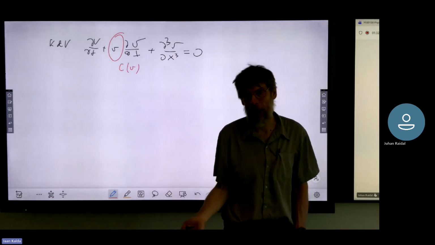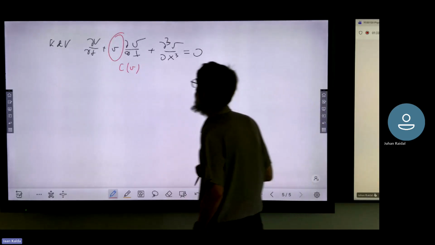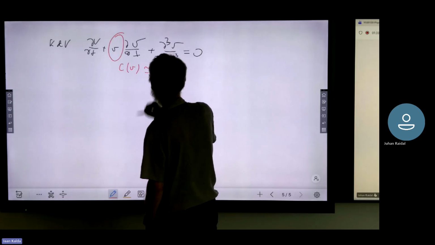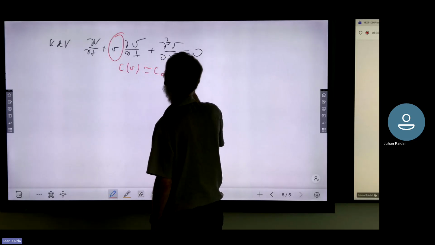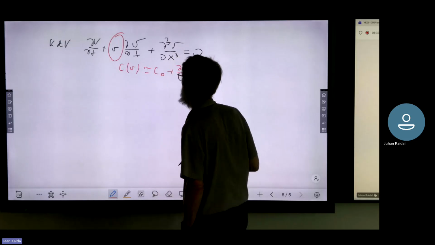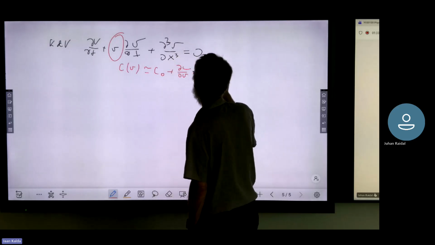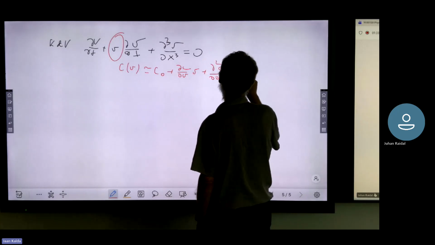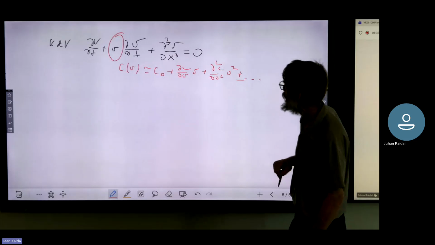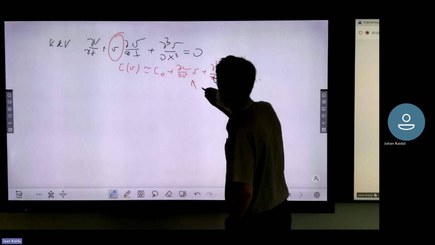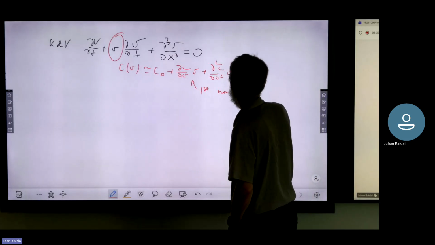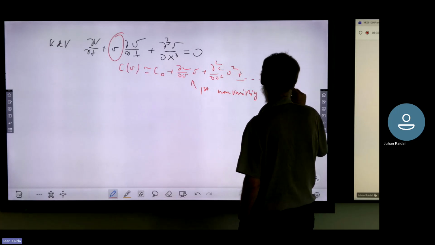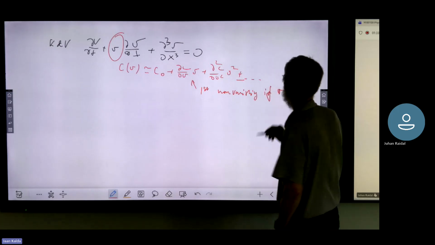Justin already noted we went back from h to v. If this is a certain function of v, then we can say that it is c naught plus dc over dv multiplied by v plus d square c over dv square times v square, and so on. And for the case of small amplitude, this is the first non-vanishing term, if v, our small parameter, is much smaller than 1.